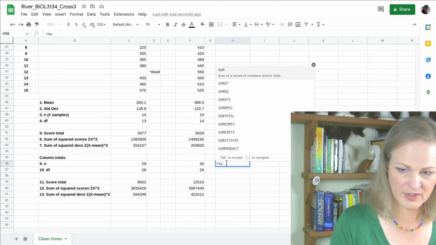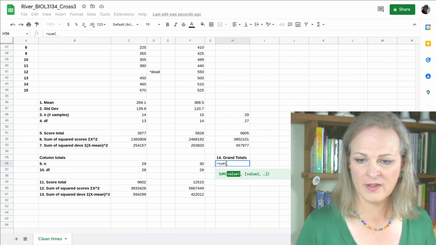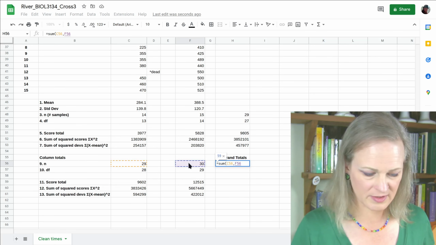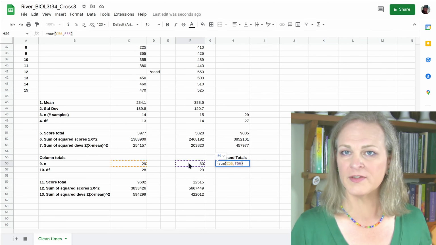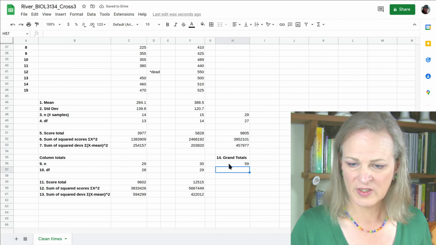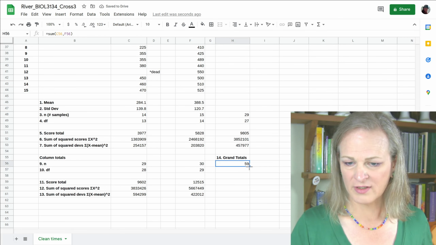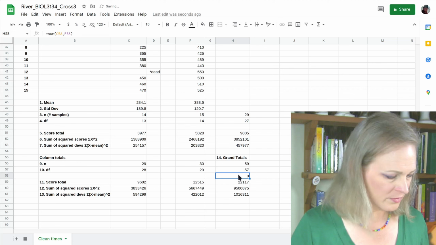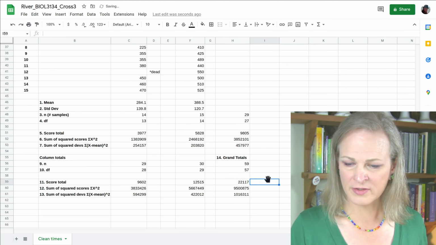We'll do an equals sum of this and this. And so that'll give us a total n for our whole experiment. And since we're taking totals of all of these, we'll just drag our formula down. And now we have totals. We can get rid of that 0.